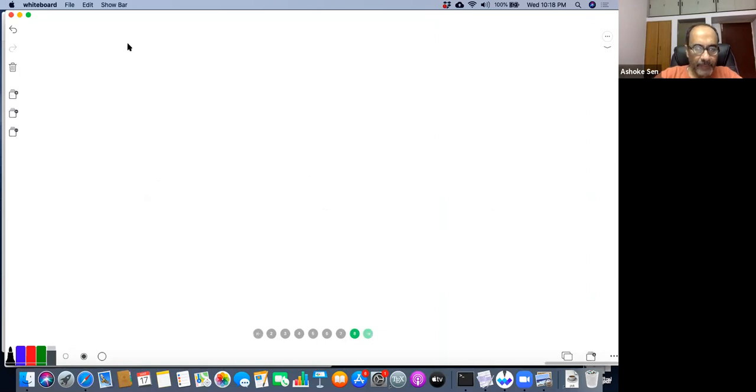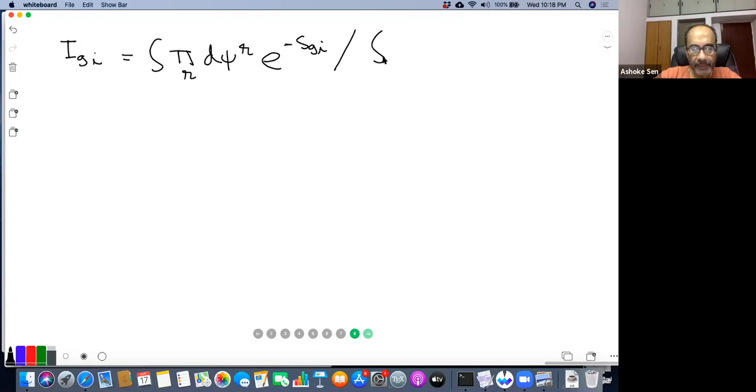Okay, any other question? So now, based on this, I can define a gauge invariant path integral as follows: the integral, product over r, runs over all the classical string fields, divided by the integral, product over u, d theta_u.